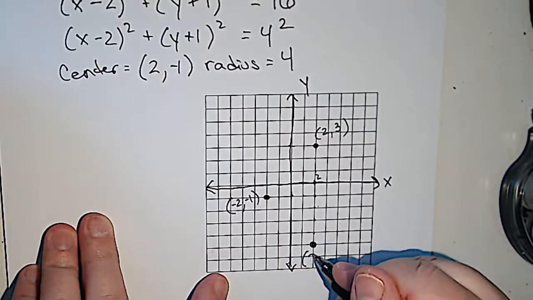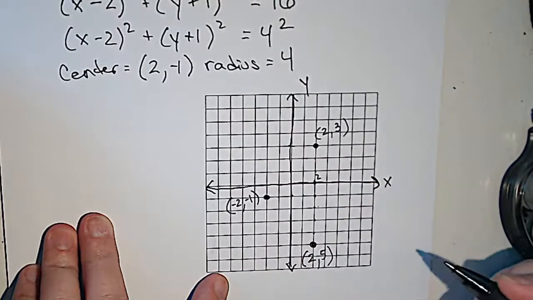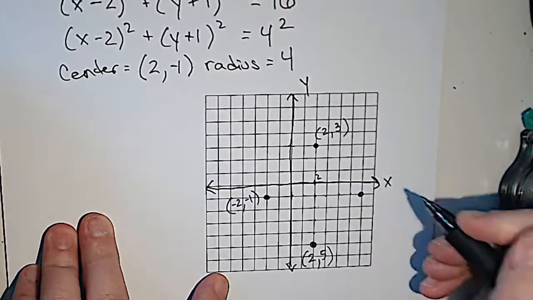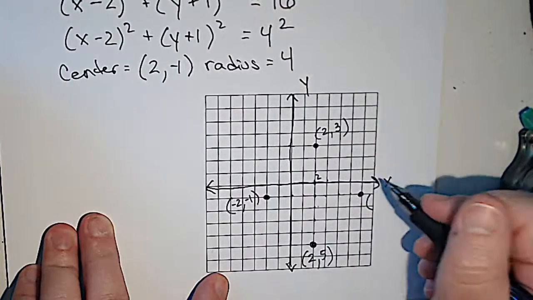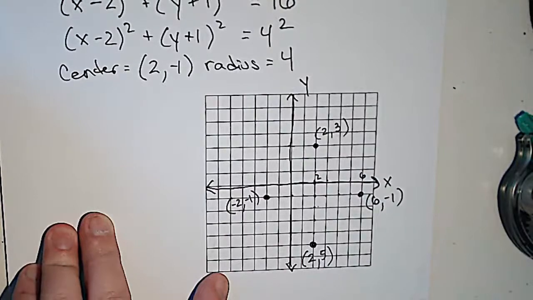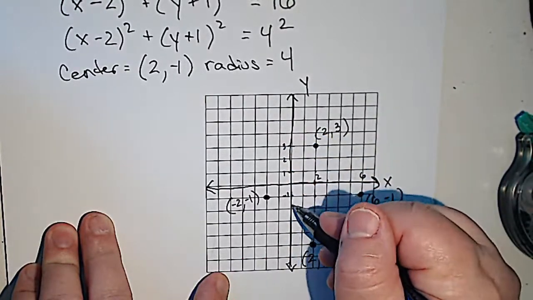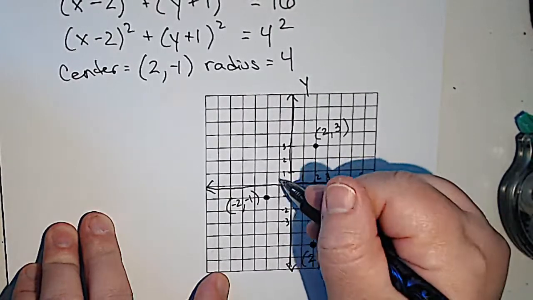This is at 2, 1, 2, 3, 4, 5. And 1, 2, 3, 4. Oops, I almost didn't have room for this. This one is at 6, -1. Okay. You don't have to write the numbers in. Sometimes I just like to.